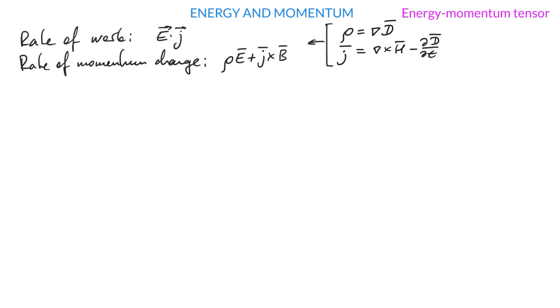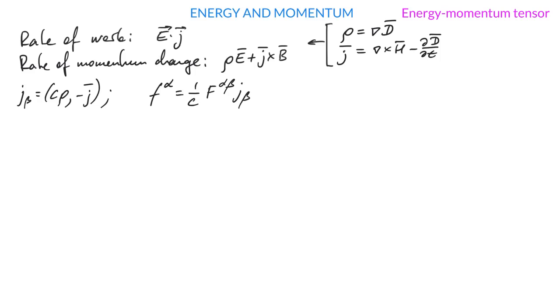So first, let's recall the 4 current density. The covariant component looks like c rho and minus j. And let's try constructing the following vector. We'll call it F alpha with contravariant components, and we'll define it as 1 over c F alpha beta J beta.